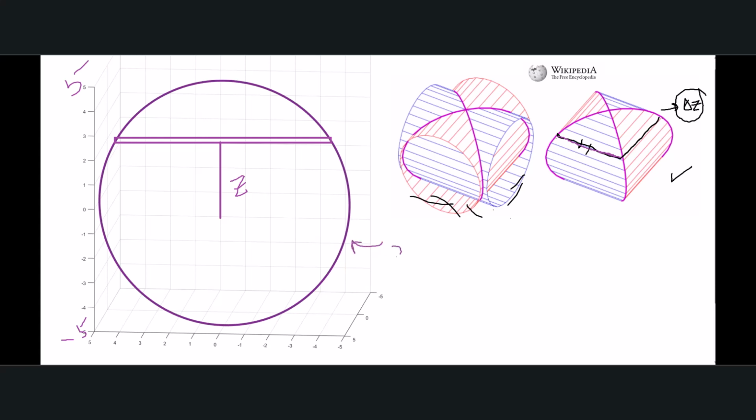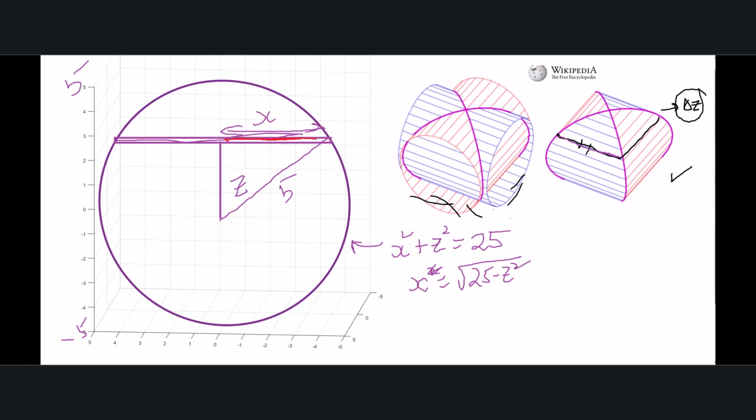And this equation is x squared plus z squared equals 25, of radius r. So this distance is x and this is 5. That gives us x as the square root of 25 minus z squared.